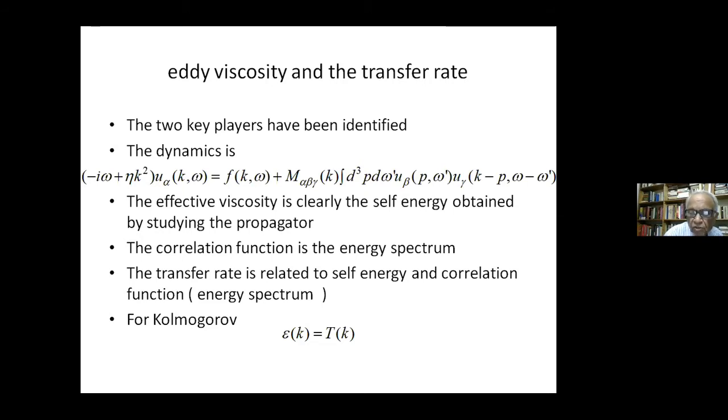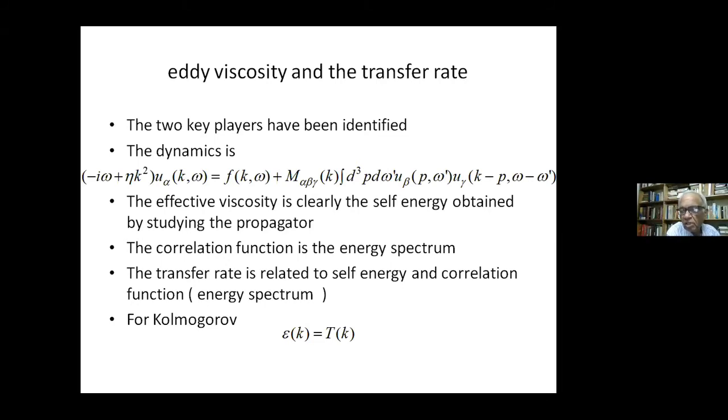So the transfer is a 3-point factor, and the viscosity is a question of dressing the eta k square. So this term, the nonlinear term over here, dresses the eta. The dressing of the eta is the eta effective viscosity, which is the eddy viscosity as the literature gives us.